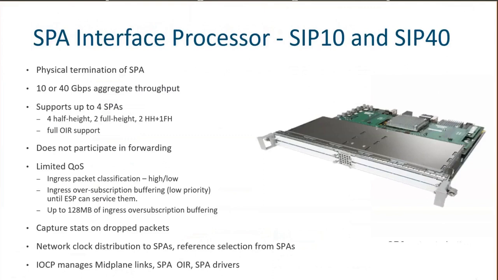Coming to the SPA interface processor, it's the physical termination of the SPA. The SIP will house multiple SPAs. This is a complete SIP module, and these white strips here each individually house one SPA.